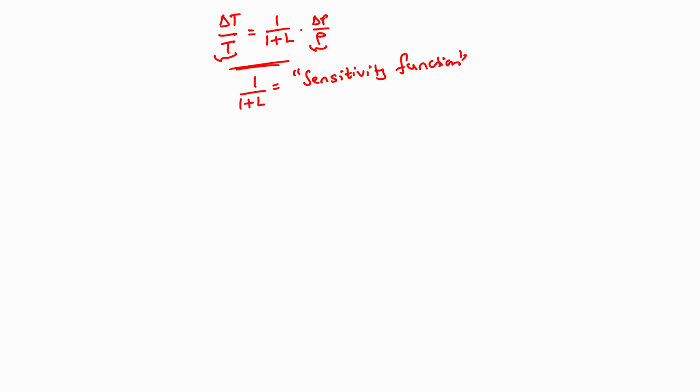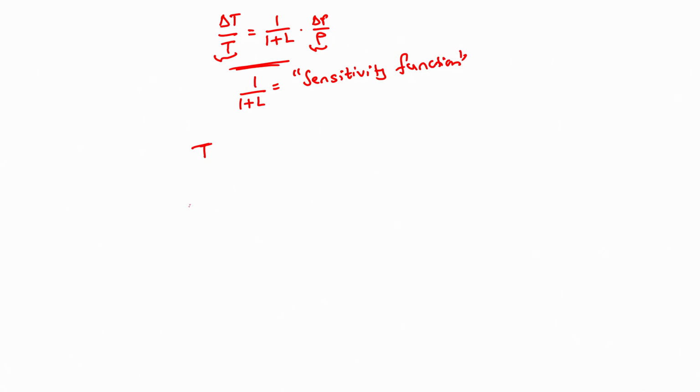Now we note that given the expression for a sensitivity function, which incidentally also happens to be the same transfer function that relates the output of our closed loop system to output disturbances, the actual transmission function T, which is given by L by 1 plus L, and the sensitivity function S, which is given by 1 by 1 plus L, have a special relationship, namely that T plus S is always going to be equal to 1 no matter what.